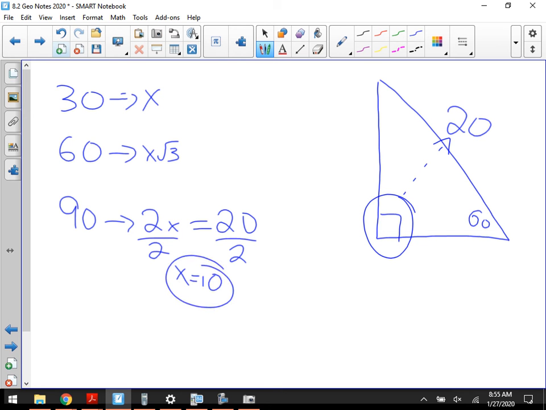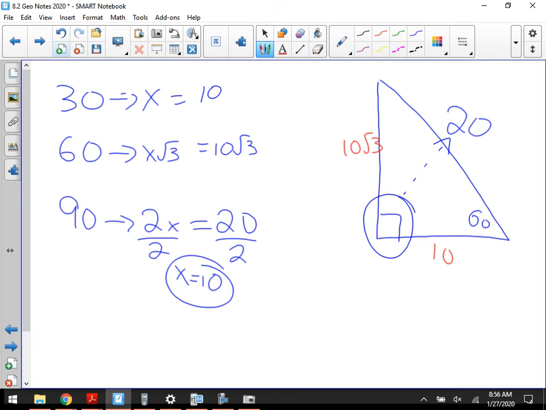So that means everywhere I see an x, what do I replace it with? 10. So this would be a 10. This would be a 10 root 3. That's what this means. Using this little algebra jig, if you will, 30, 60, 90, this pattern always occurs. It never changes.